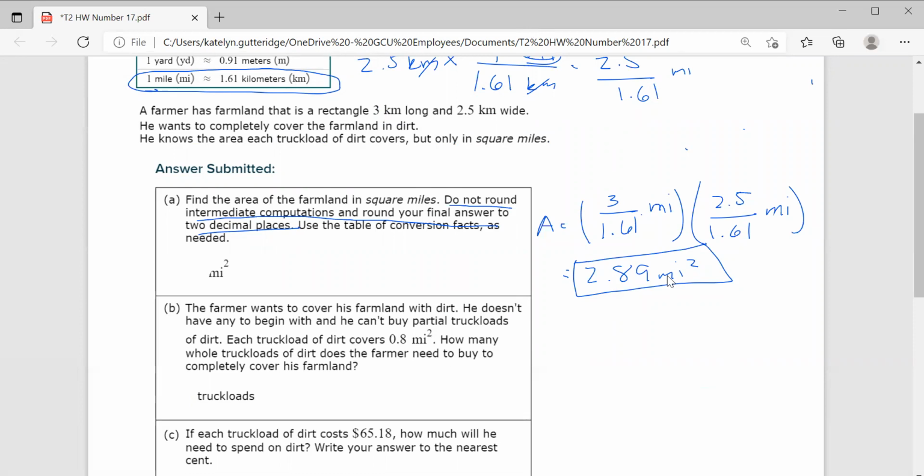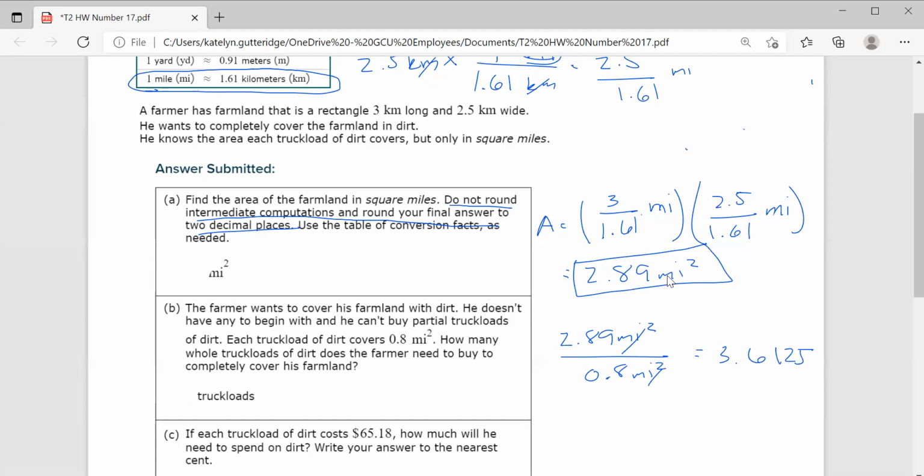To figure out how many trucks we need, we divide our total area by how much the trucks can hold. Our units are going to cancel, which is good. When we do this division in our calculator, we get 3.6125.